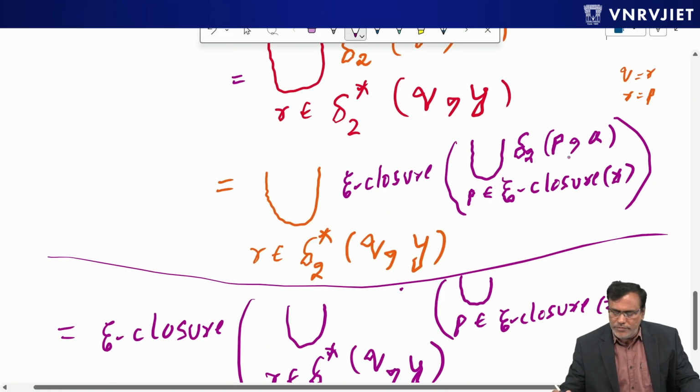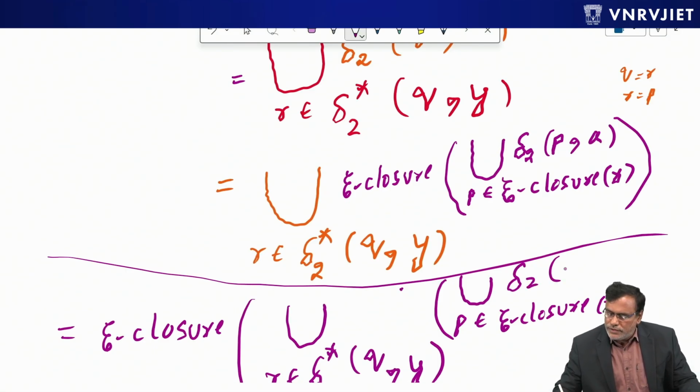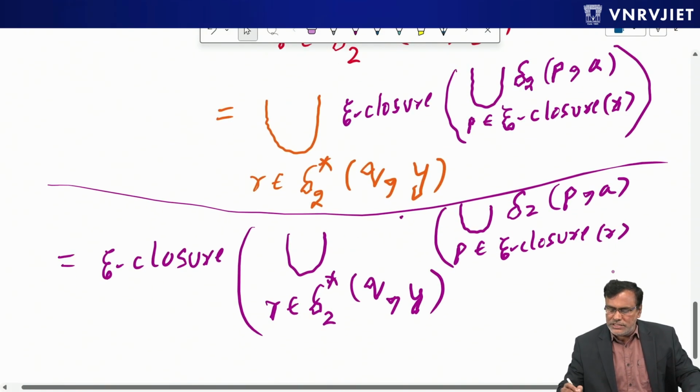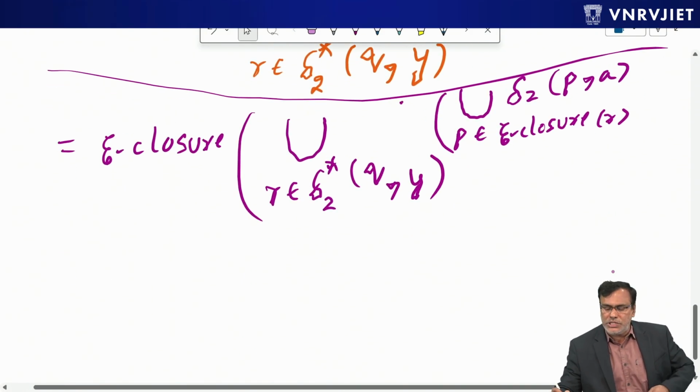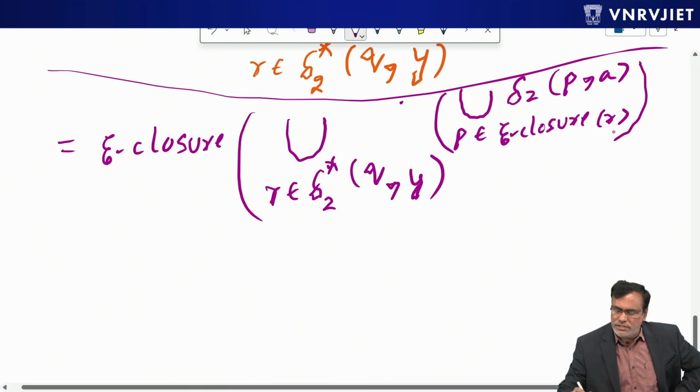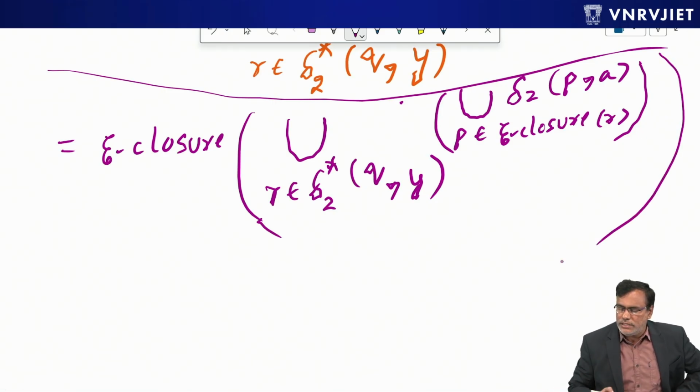This part I am taking as it is, delta 2 of PA. Only I interchanged the order, or say the position, of the epsilon closure and union. I think you understood. This is for this part. So epsilon closure of this, here I have opened this bracket, let me close that bracket there.